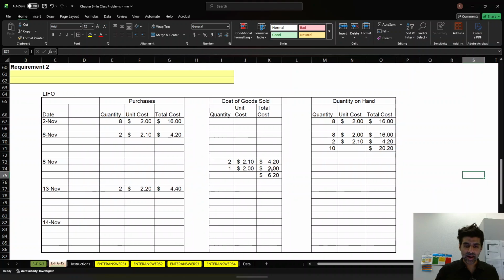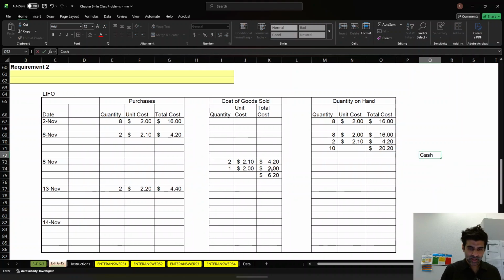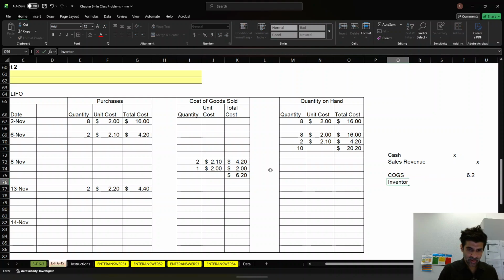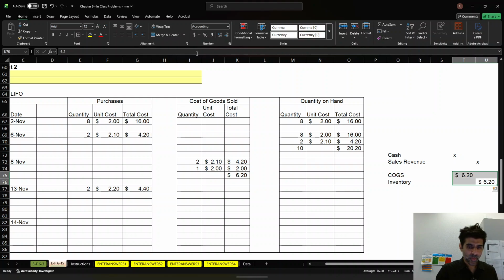So we would have cash, sales revenue. We can't do this because we don't know what we sold it for. But then we'd have cost of goods sold, $6.20, and inventory credit, $6.20. Okay, so the whole point of this table is really to calculate this using whatever method we're using. In this case, we're using LIFO.